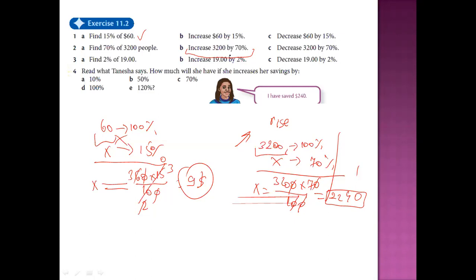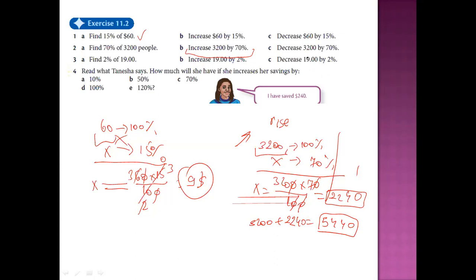Okay. So if it's an increase, of course, you can use the operation of addition. 3,200 plus 2,240 is equal to: 0 plus 0 is 0, 4 plus 0 is 4, 2 plus 2 is 4, and 3 plus 2 is 5. That is the new value of this example.